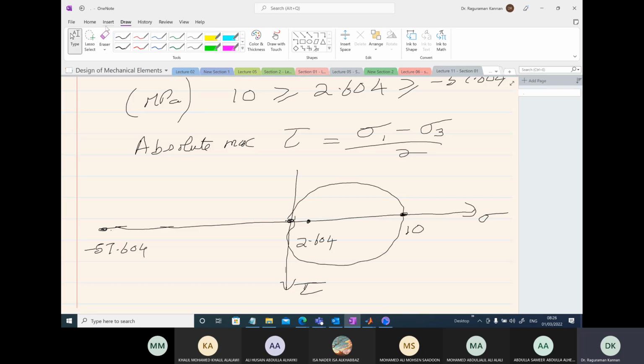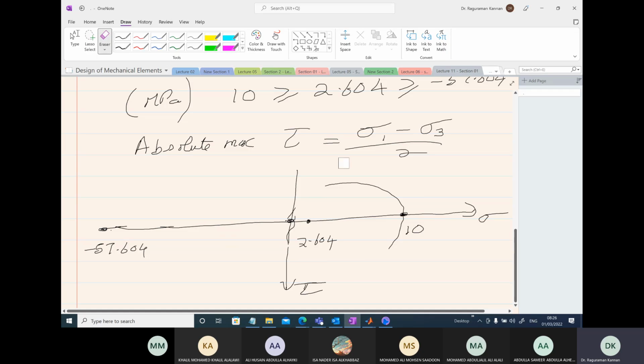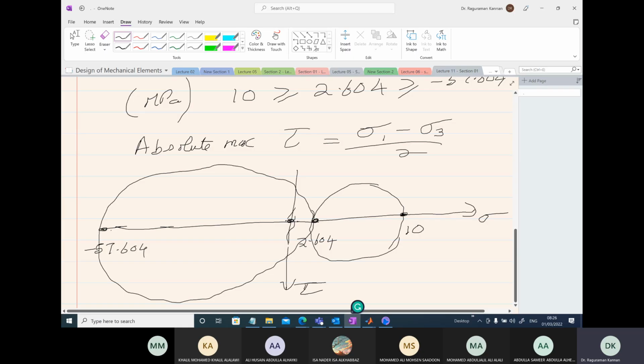What we are going to do is draw three circles with the diameters here. Sorry, I think I drew the wrong diameter. It should have passed through the point 2.604. So this is one of the values, 2.604. We draw a circle through this. Then we draw another circle between 2.604 and minus 57. Assume this is the circle. I cannot draw the circle fully.